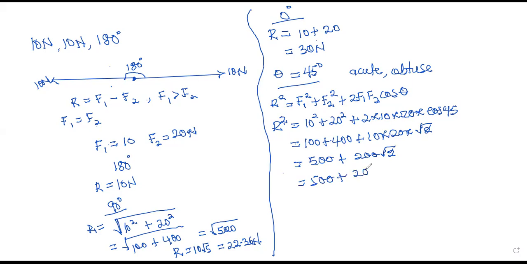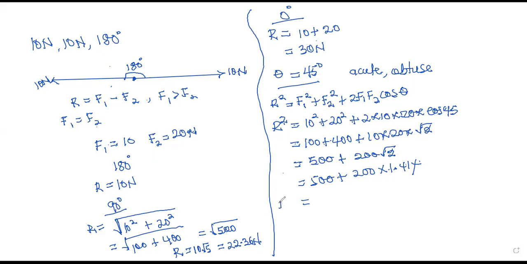Root 2 is 1.414. So multiply 200 by 1.414 for me, and then add it to 500. Let's hurry up. 200 times 1.414 is 282.8. Good. So this plus 500, we have 782.8.